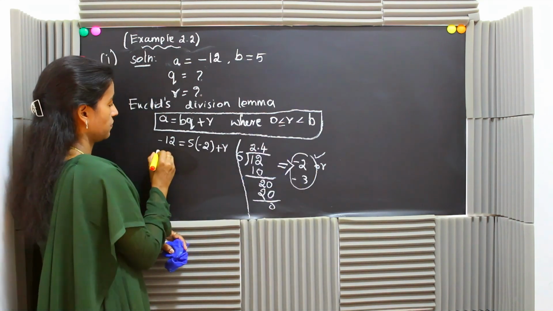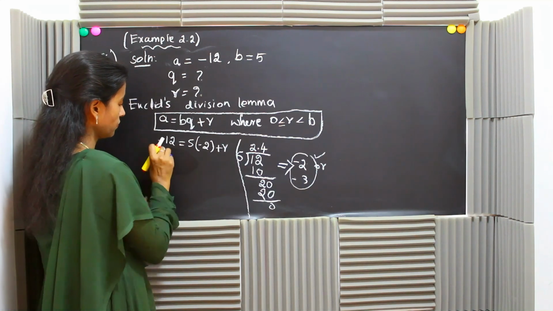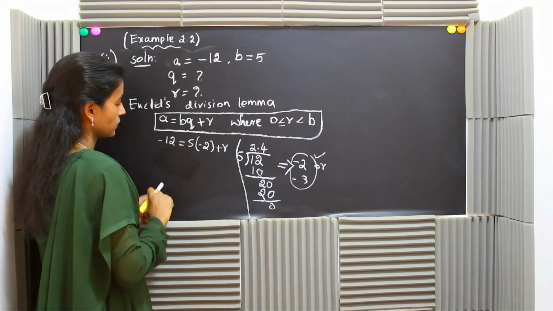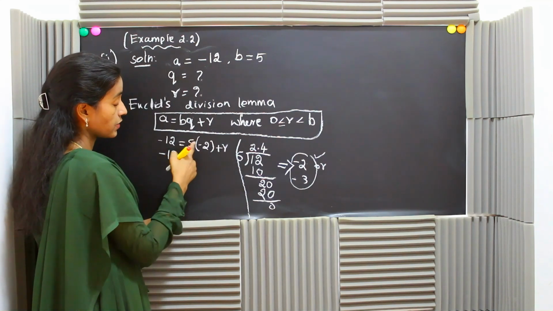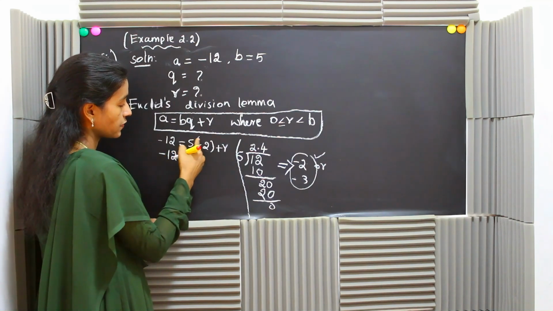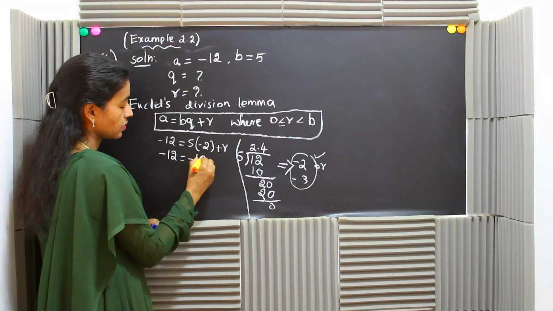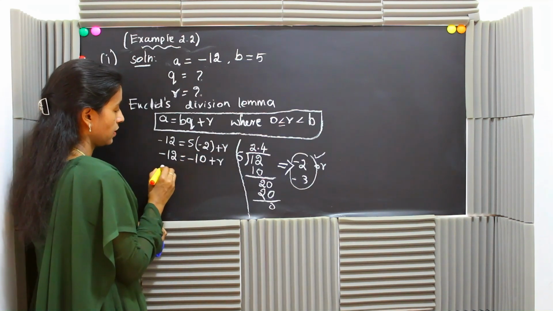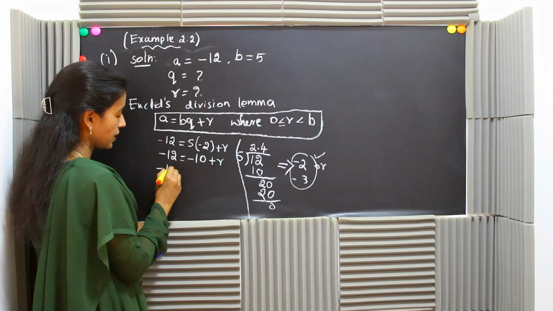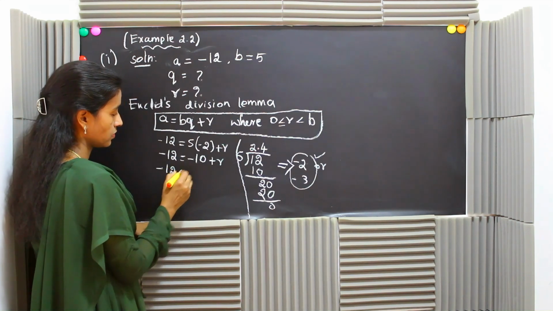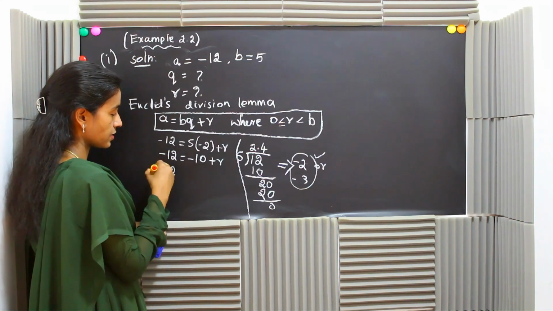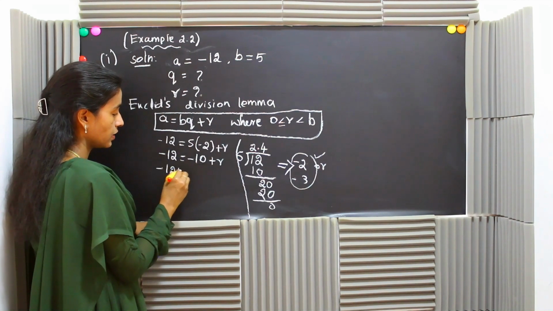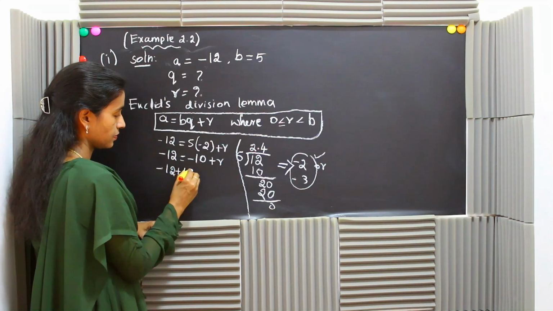Then minus 12 equals 5 into minus 2, that is minus 10, plus R. If I am taking minus 10 to the left hand side, it will become plus 10.